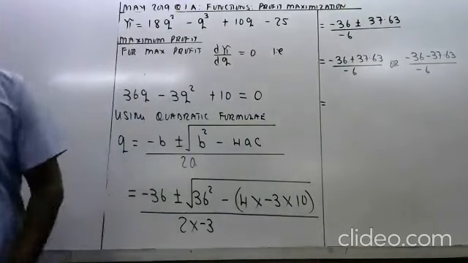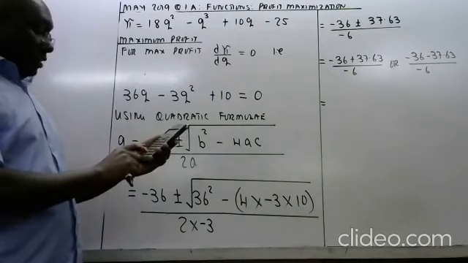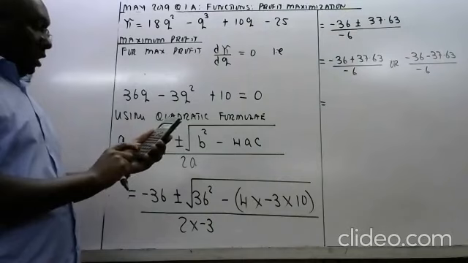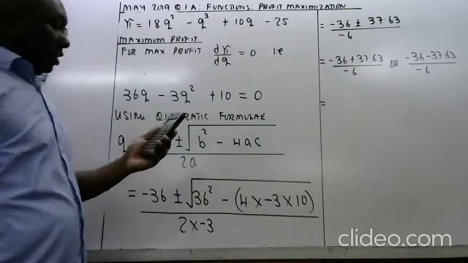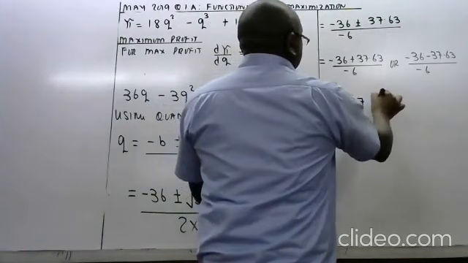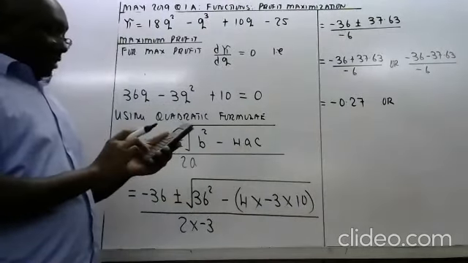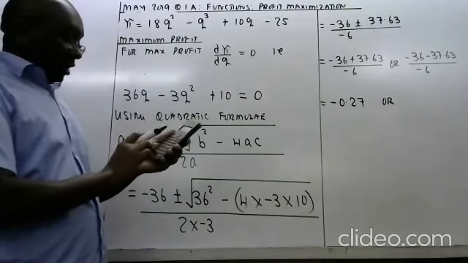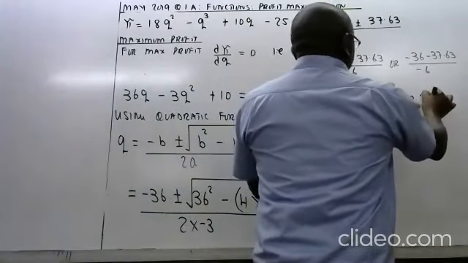And proceeding, I'm able to get minus 36 plus 37.63 divided by minus 6 as negative 0.27, or minus 36 minus 37.63 divided by minus 6, 12.27.